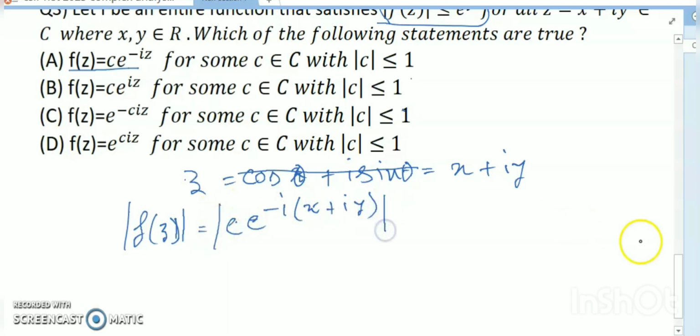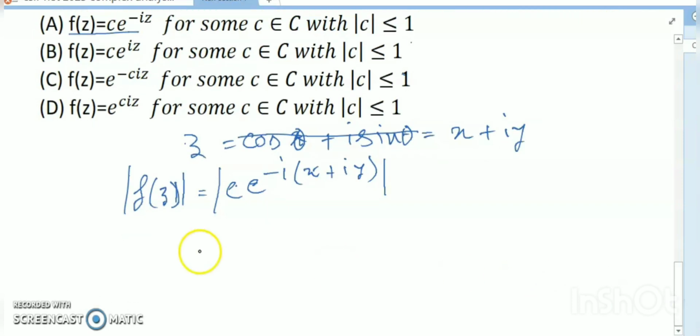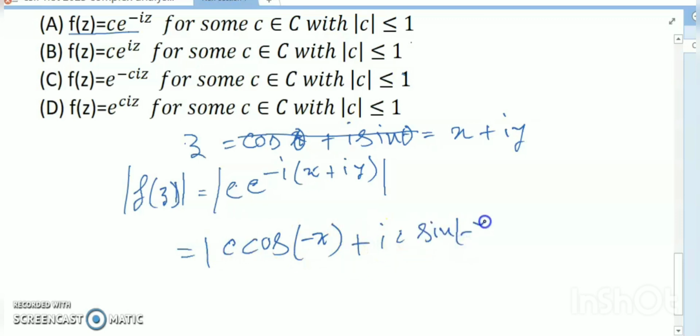De Moivre's theorem, we have to remember, it is mod of c, cos minus x plus i into c sin minus y.